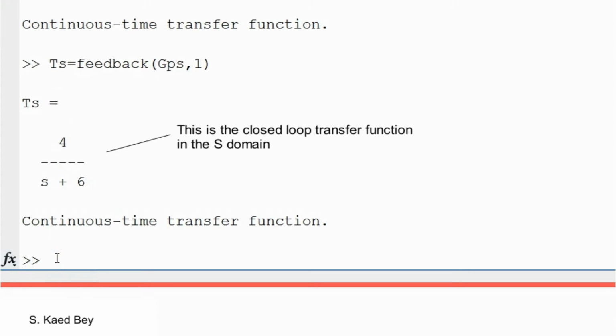To find the closed-loop transfer function in the Z domain, we first have to assume a sampling time, considering the same sampling time used in the previous video.